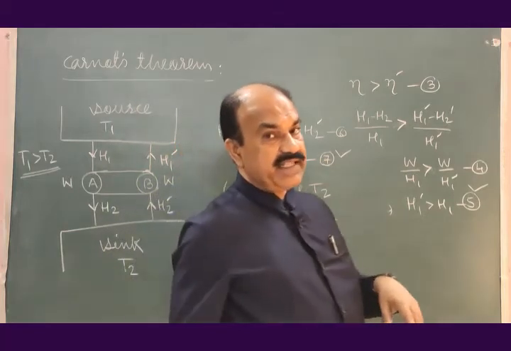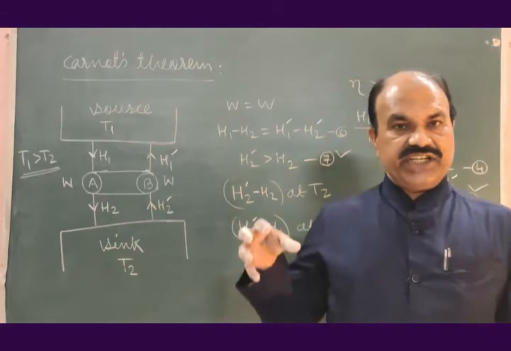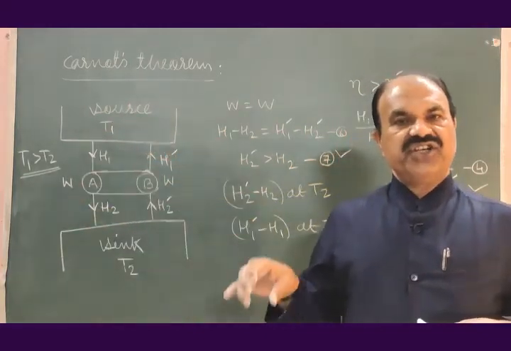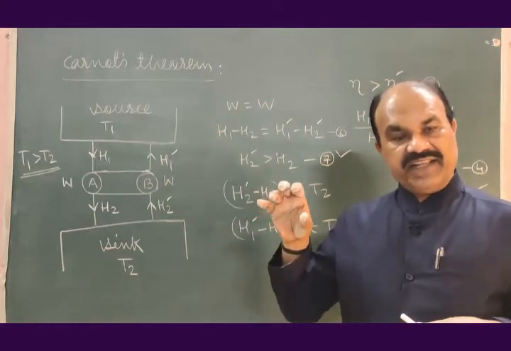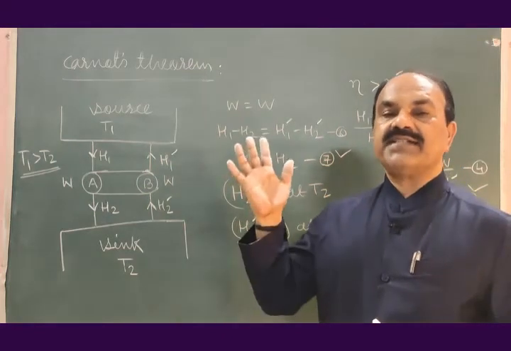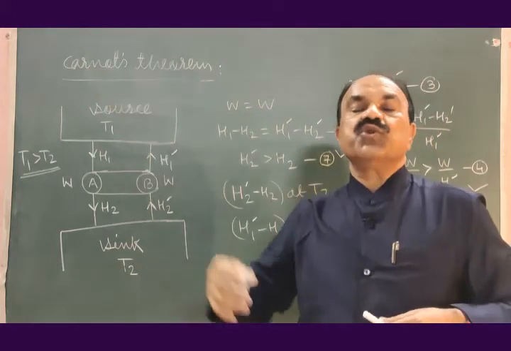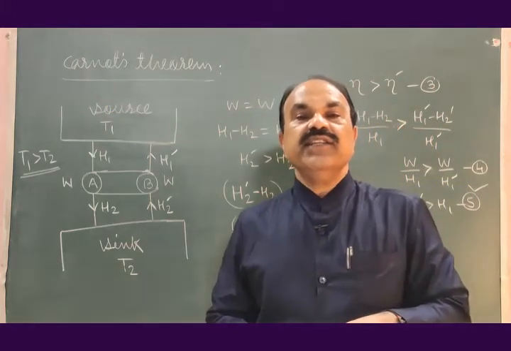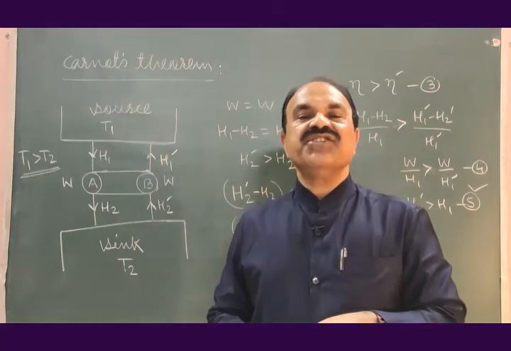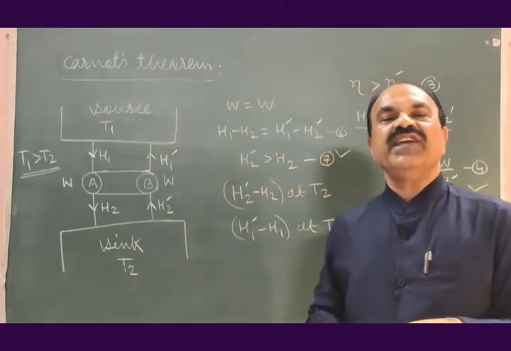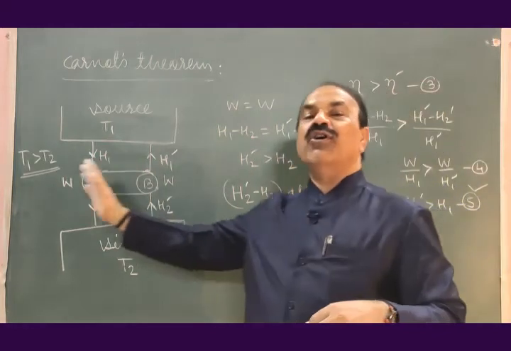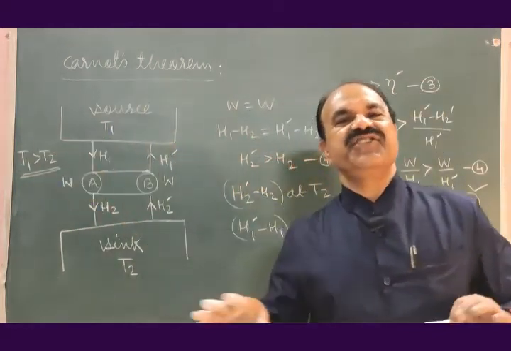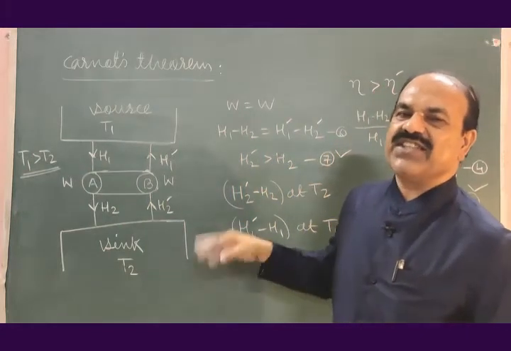It means that this refrigerator is taking heat energy from the sink at lower temperature, does some work and rejects heat energy H1 dash minus H1 to the source at higher temperature, and no external agency is doing any work on this system. Help of no external agency is taken while these things are done.